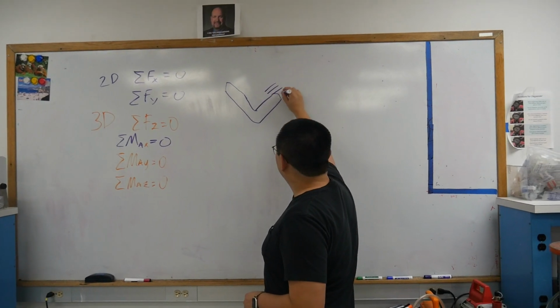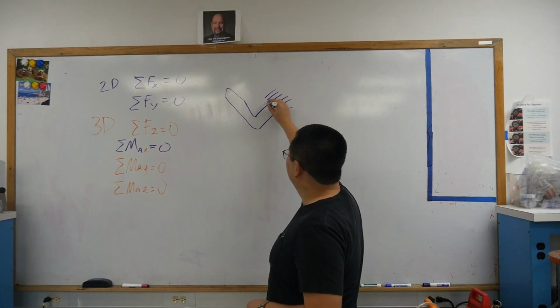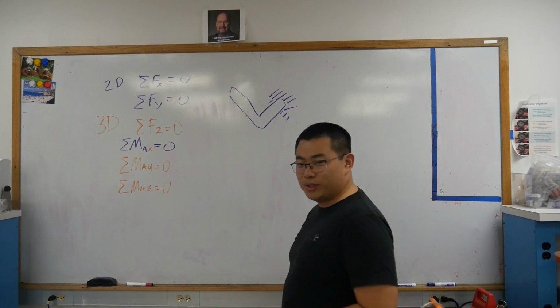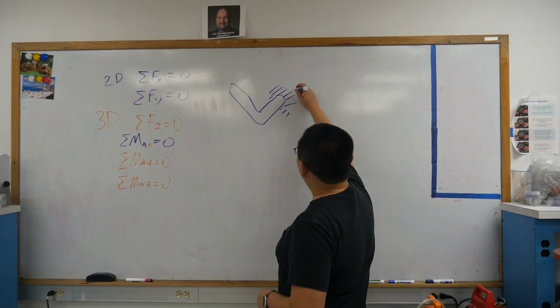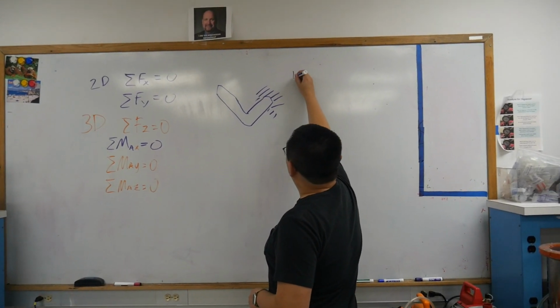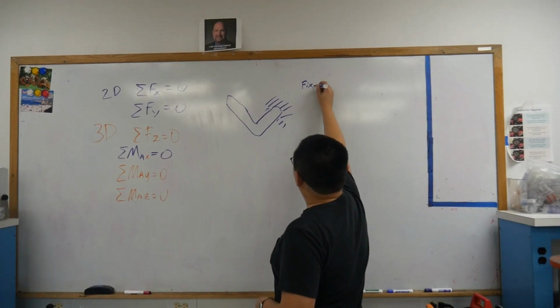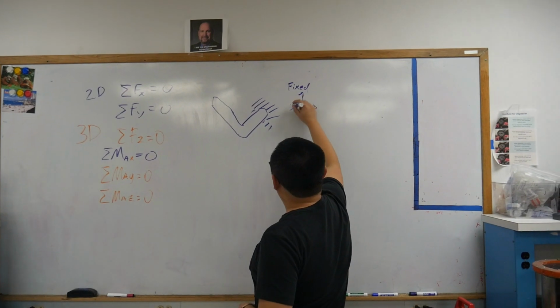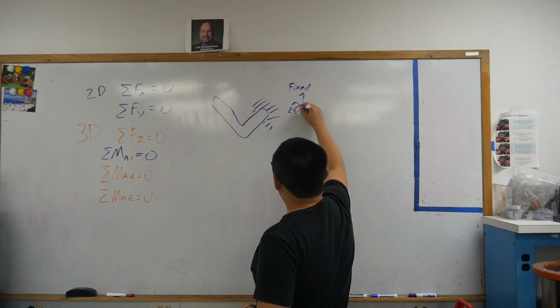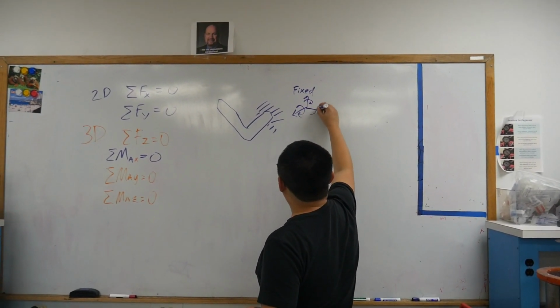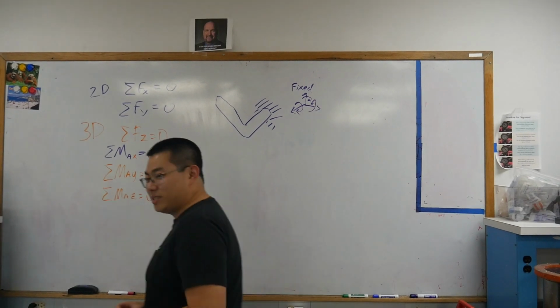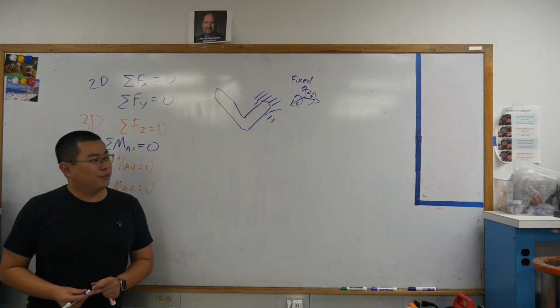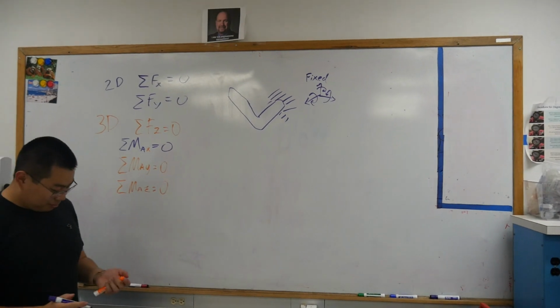We can have fixed supports, which state that it must have a reaction force in every direction and a reaction moment in every direction. So that's a reduction of degrees of freedom by 6.